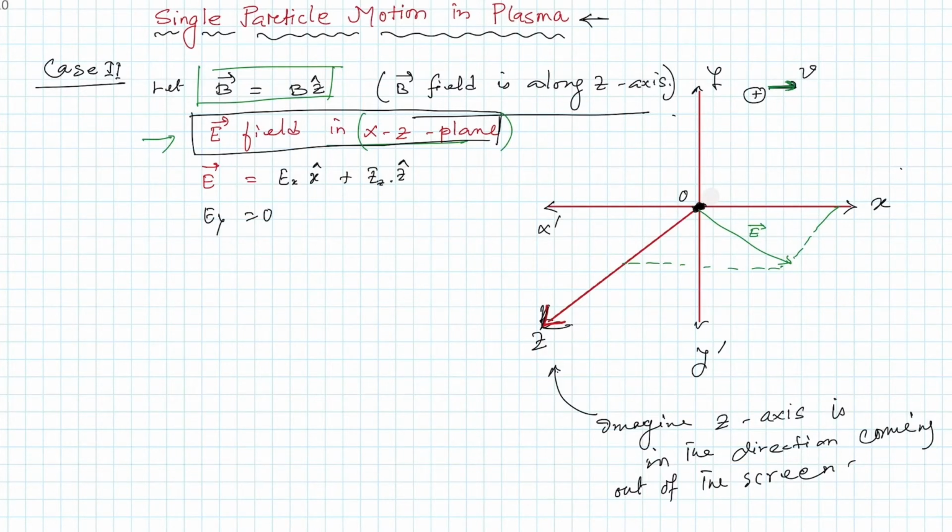What are the two motions? Circular Larmor gyration and a drift of the guiding center.